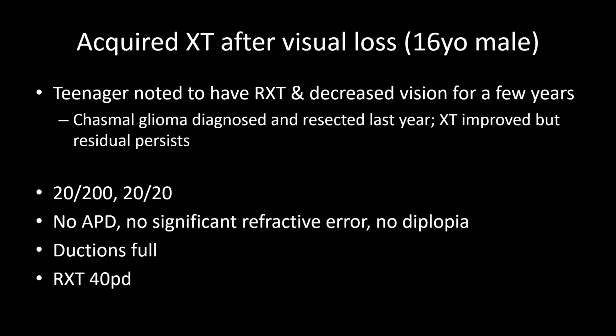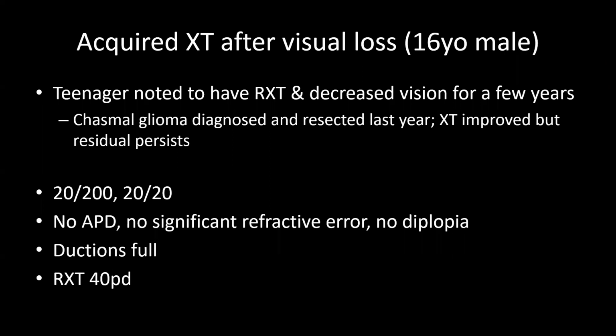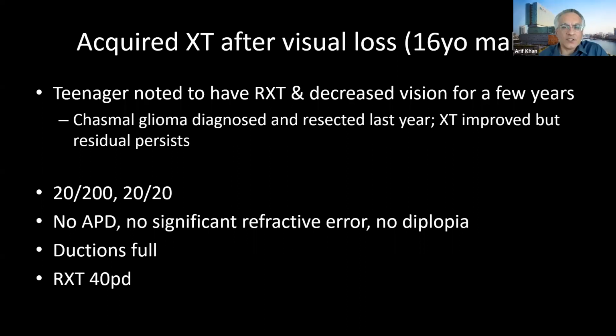The absence of APD. Absolutely. There's no way that a child has a unilateral optic neuropathy causing a sensory exotropia and decreased vision to that degree without an APD.